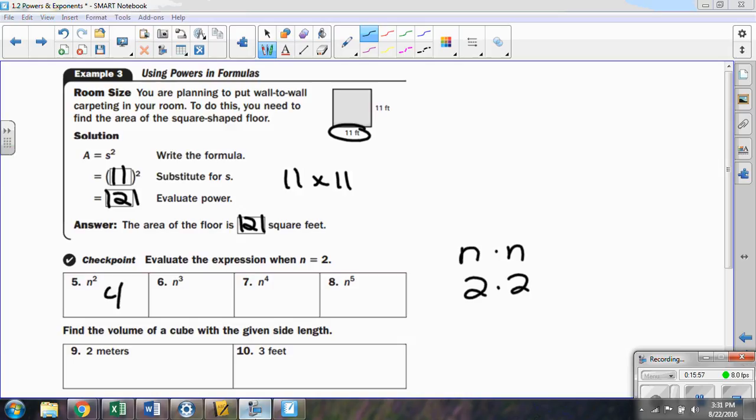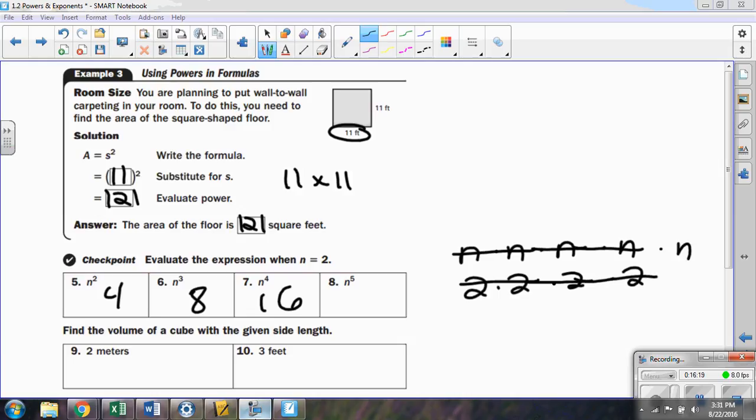If we take n cubed, that adds another one on. We had 4 times 2, which gives us 8. Tack on a fourth one, we have 16. 8 times 2 equals 16. Put on a fifth. 16 times 2 equals 32. And we have all of those finished.